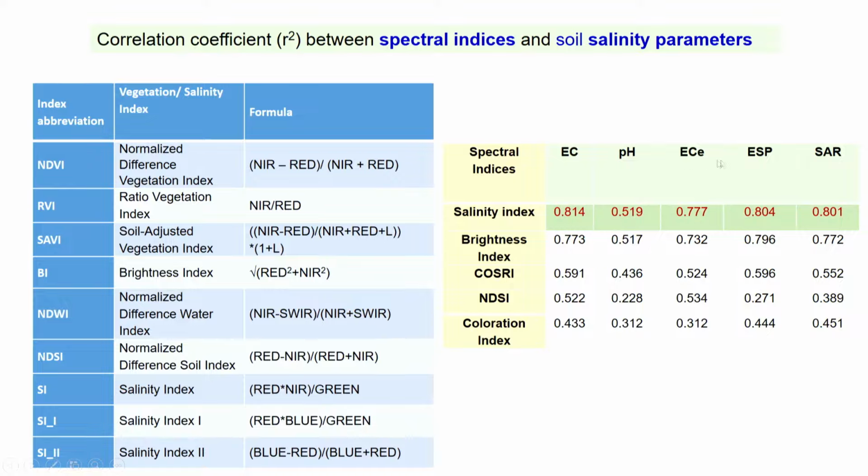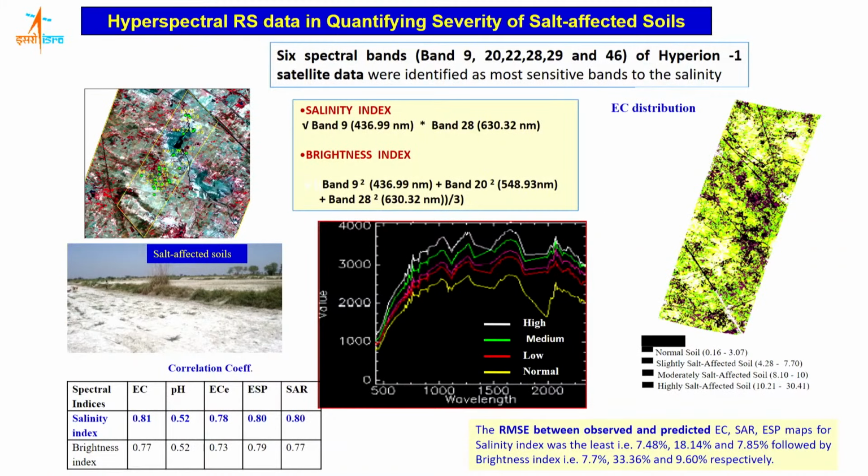These are the chemical characteristics of the salt affected soils, and we found that the salinity index is the most important index which can be used for mapping these properties. Salinity index and brightness index, we found these two indices are very important, and we identified the spectra of soils also, and then we can map the soils with different electrical conductivity EC values.